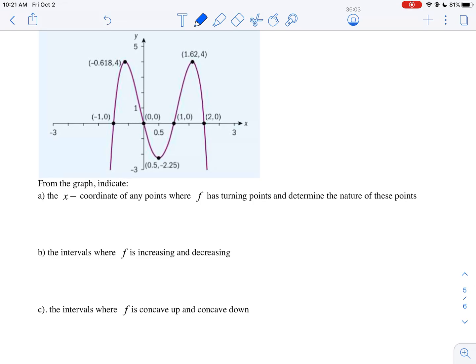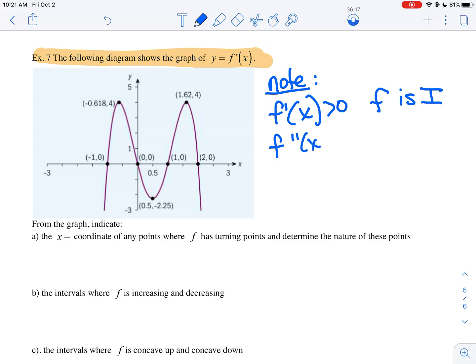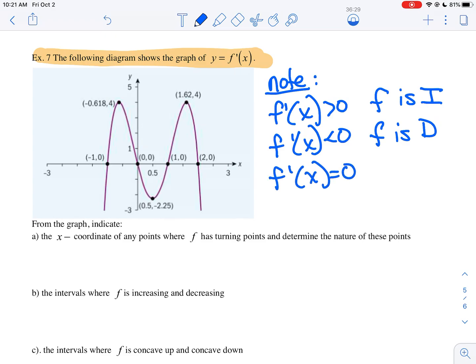What I need you to remember is that where the first derivative is positive, f is increasing. Where the first derivative is negative, f is decreasing. Where f prime equals 0, that's a turning point.